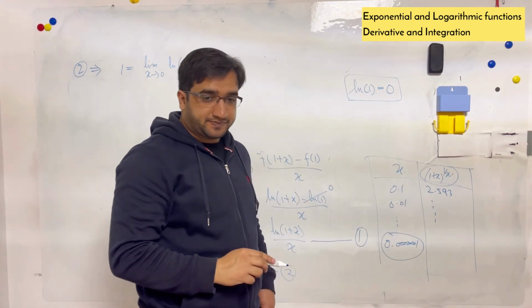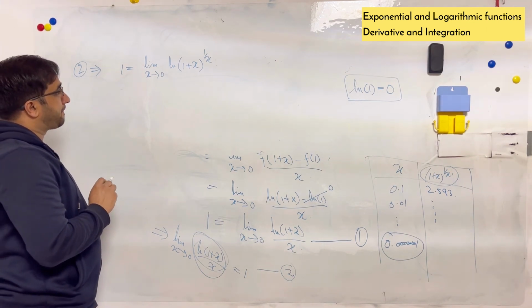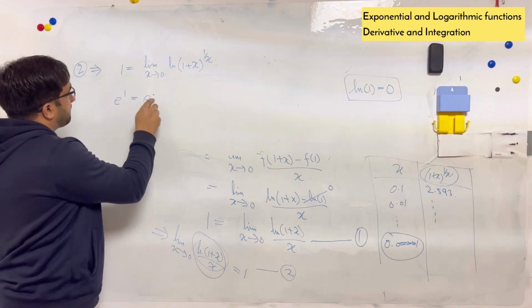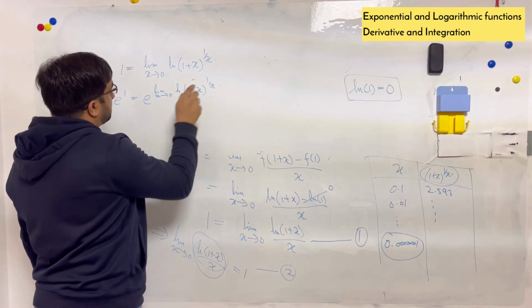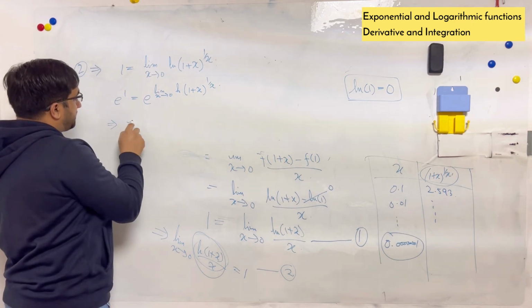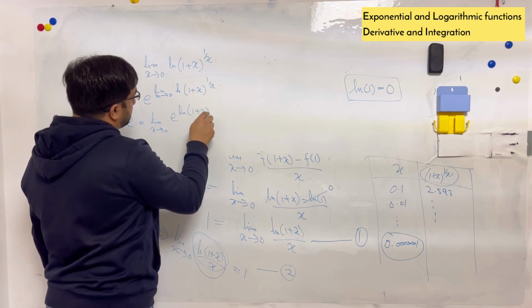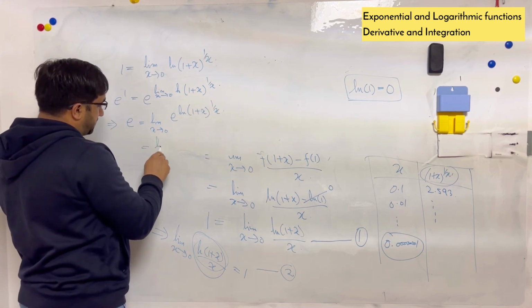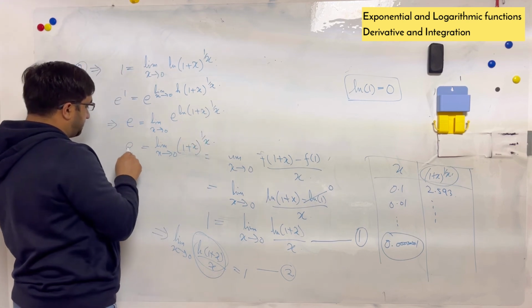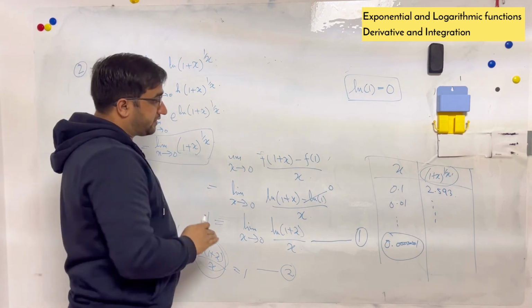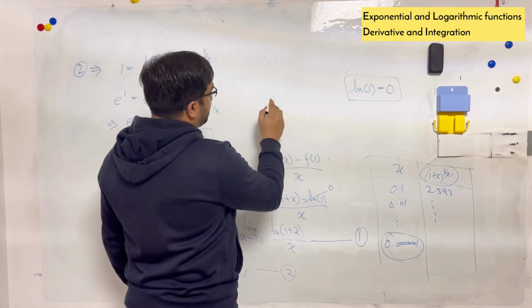What is the answer? This number 0.7 times 0.1 into this formula.